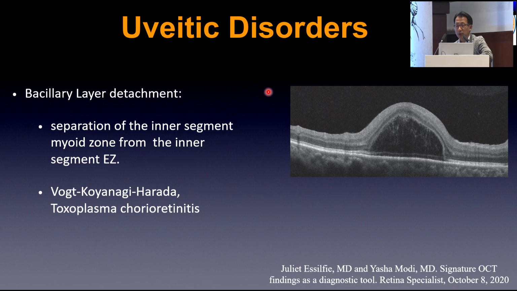Some of the OCT biomarkers in uveitic disorders are the bacillary layer detachment. Here in these OCT pictures you can see the separation of the myoid zone from the inner segment, which is usually seen in Vogt-Koyanagi-Harada or Toxoplasma chorioretinitis.